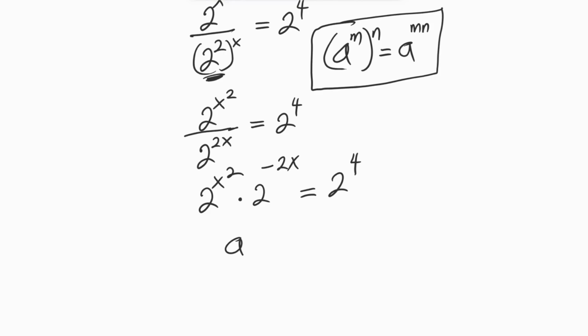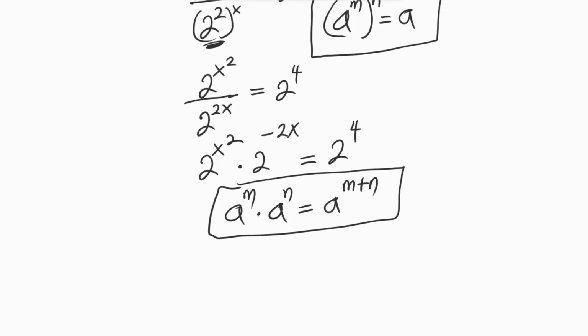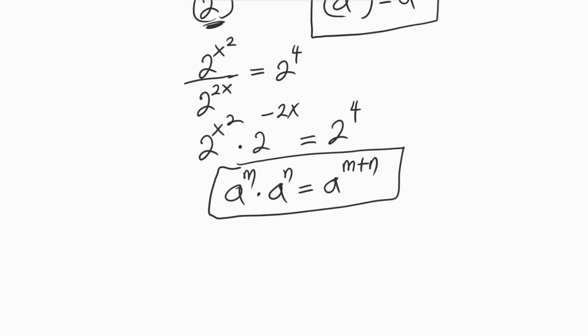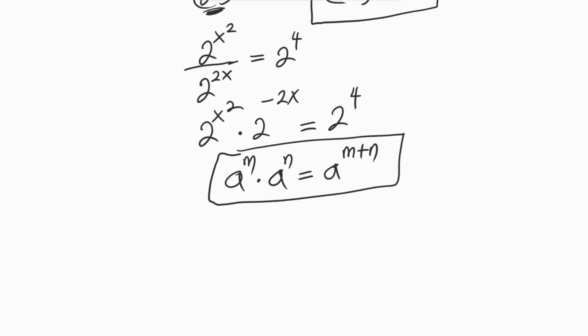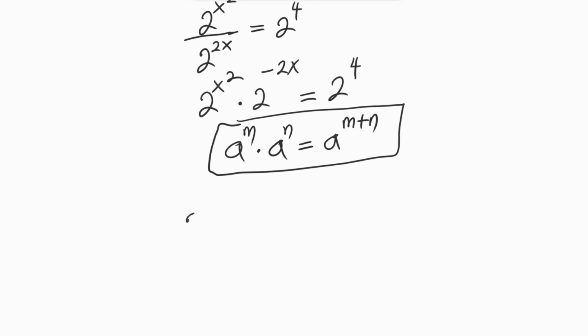We know that a raised to the power m times a raised to the power n is equal to a raised to the power m plus n. Now, applying this formula to the left-hand side of the equation, since we have the same base, we have 2 raised to the power x squared plus minus 2x equals 2 raised to the power 4.